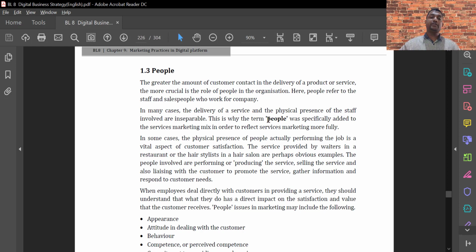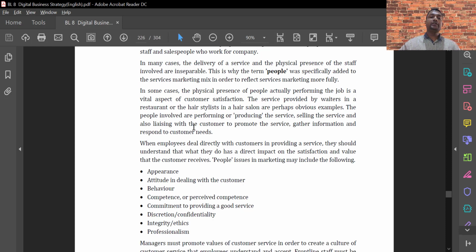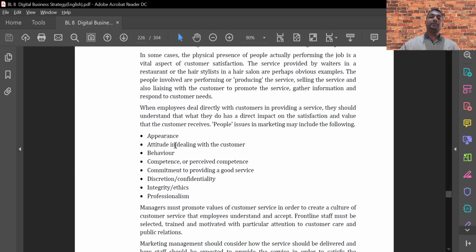So this is why the term people was specifically added to service marketing, because people, staff members, are very important when giving a service. So in that case, people issues in marketing may include these things.